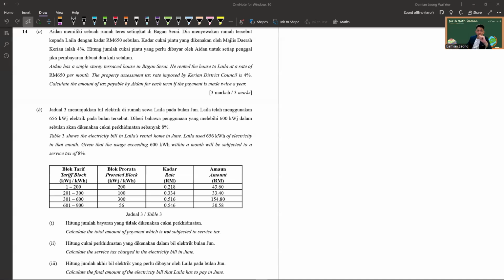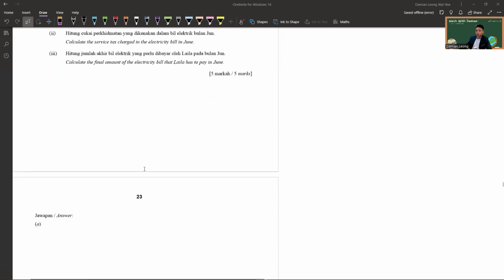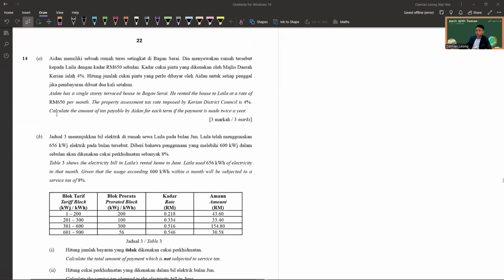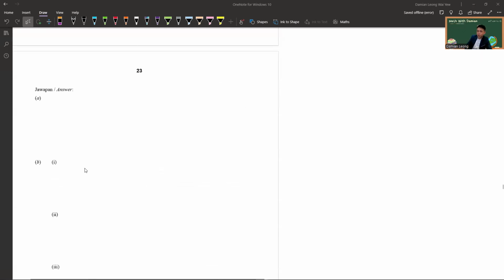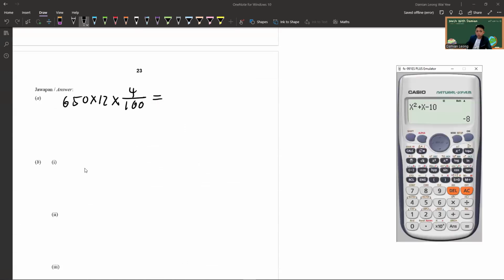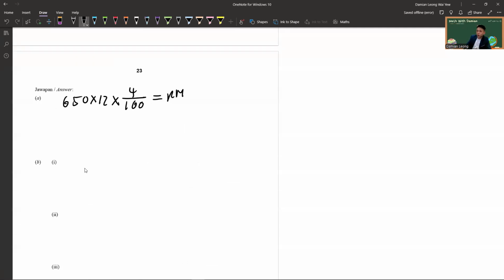So we count rental value for the full year, which is 650 times 12 months, then we times 4% of that. 650 times 12 months times 4% is 312 ringgit, but this is for the whole year. So per term, 312 divided by 2 would be 156 ringgit per term.